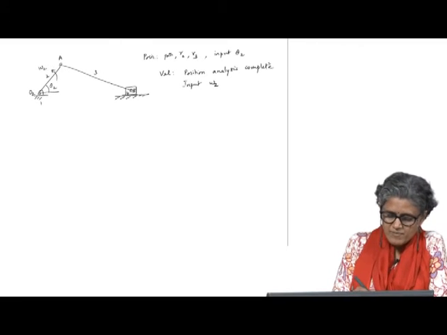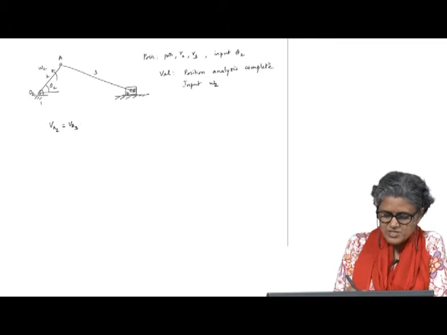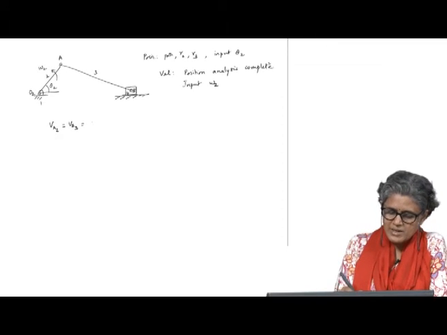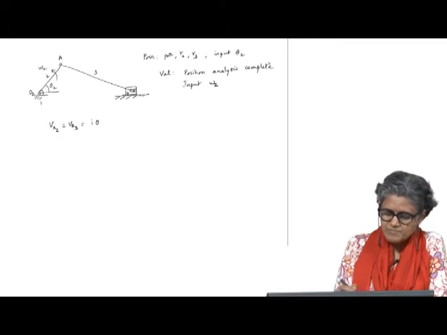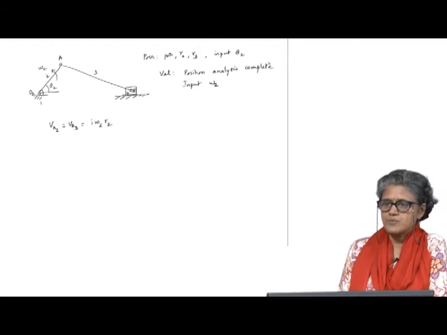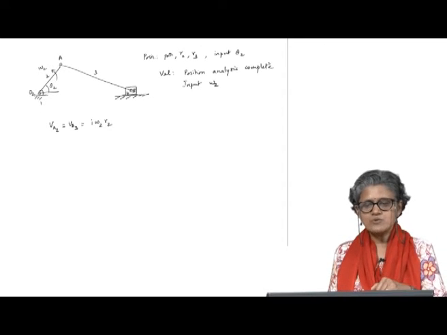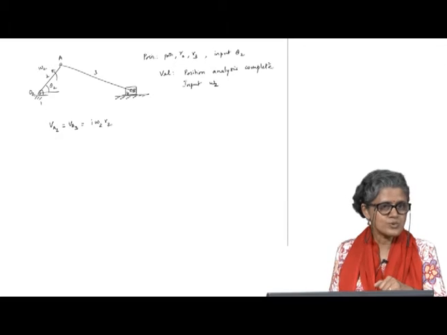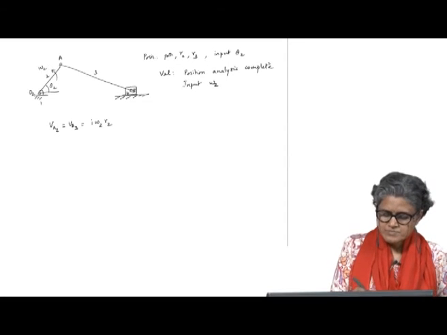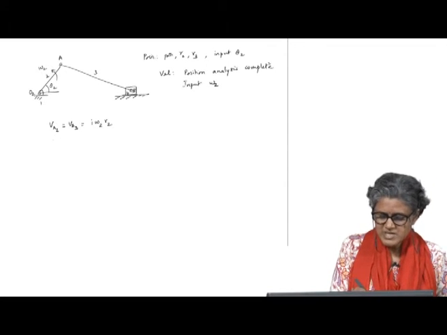I have velocity of A on body 2 is the same as the velocity of A on body 3, and it equals omega 2 into R2, because it is an absolute velocity with respect to O2, which has velocity 0.